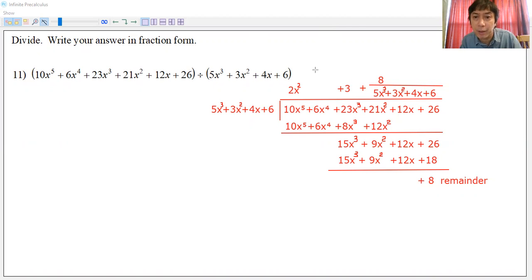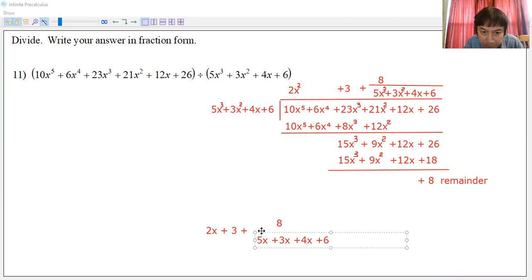Let us rewrite it down here. Our quotient is 2x squared plus 3 plus 8 over the divisor, which is 5x cubed plus 3x squared plus 4x plus 6.